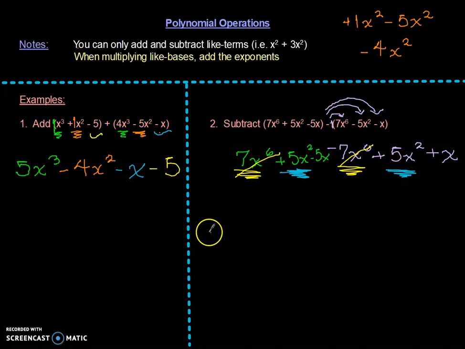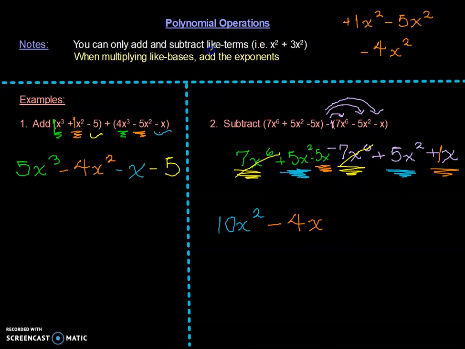So 5 plus 5 gives me 10. Keep the like term, x to the second power. And from here I have negative 5x plus, that's a 1x, so negative 5 plus 1 gives me negative 4x. And that's pretty much it. There's nothing else to combine.